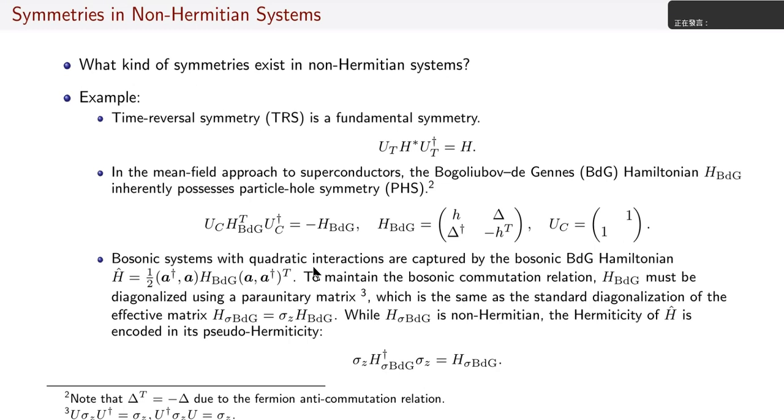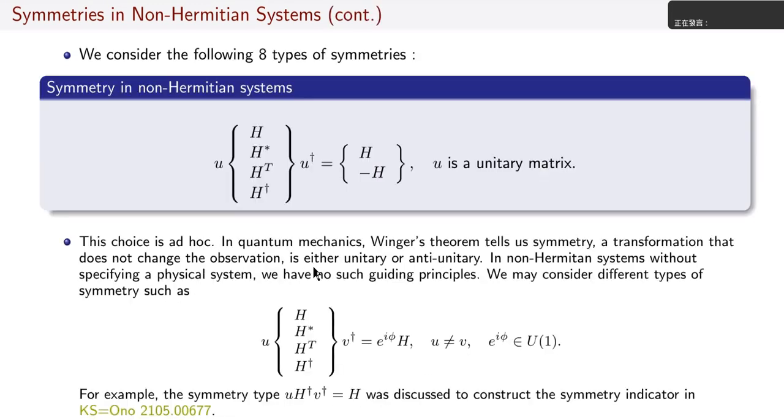Okay, so I introduced complex conjugate, transpose, and dagger. I think these are natural symmetry constraints in non-Hermitian systems. So in this talk, let me restrict my concern of symmetry to the following 8 types.